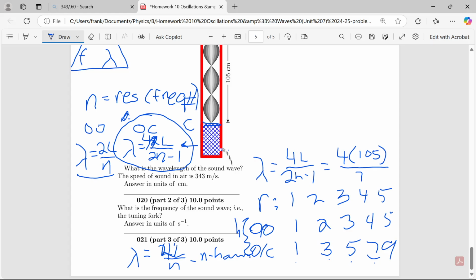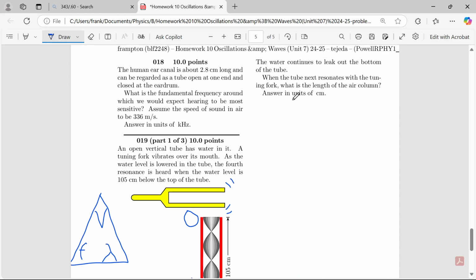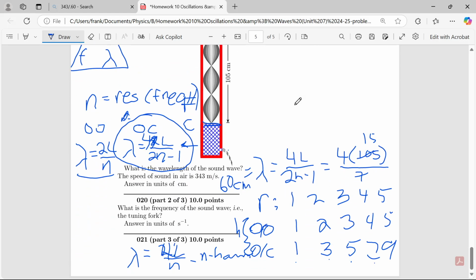And 4 times 105 divided by 7, well, 7 goes into 105 fifteen times, 4 times 15 equals 60 centimeters. For this one, the wavelength is 60 centimeters. I won't do 20, that's asking for the frequency. But this is really about question 21. I just had to find the wavelength.